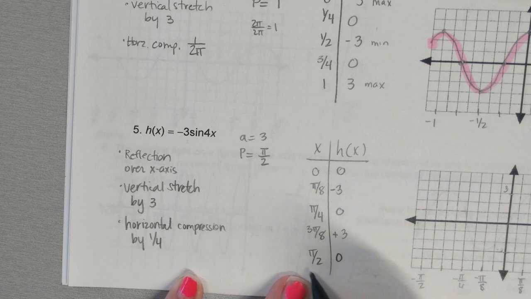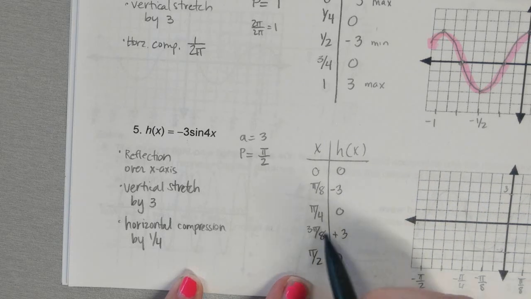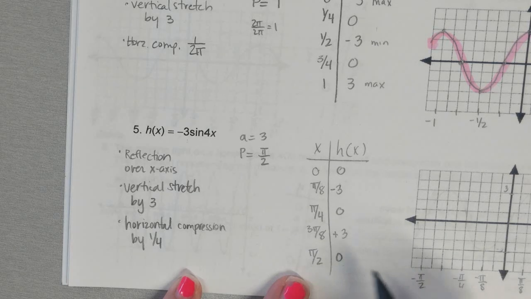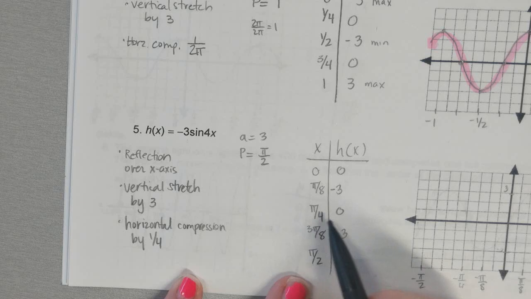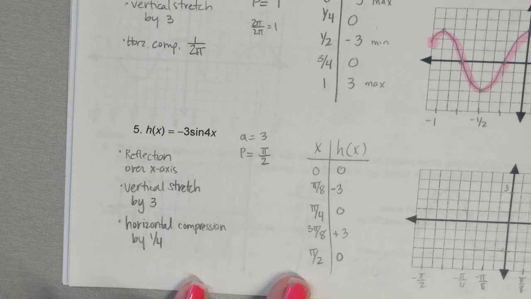It ends at the period, and that's a 0. And then to find the halfway, if it's a fraction, just multiply by 1/2. Pi over 2 times 1/2 is pi over 4. Pi over 4 times 1/2 is pi over 8. So really, for this one, you should be going by pi over 8.